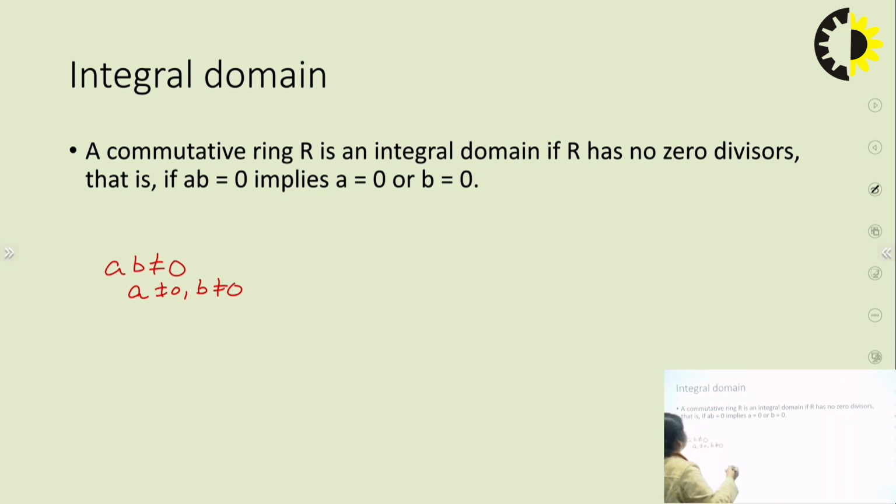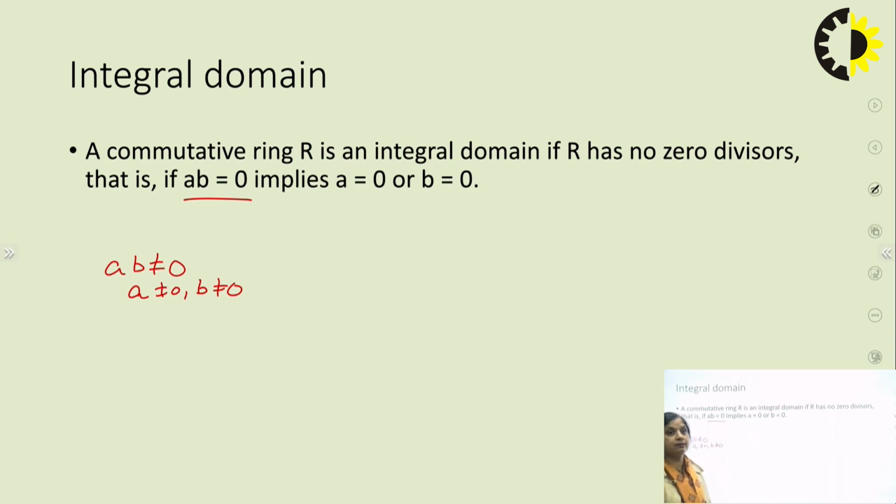In reverse order we can say AB is 0 implies either A is 0 or B is 0. It cannot be that two non-zero elements are multiplied to give the answer 0. Then we call it an integral domain.